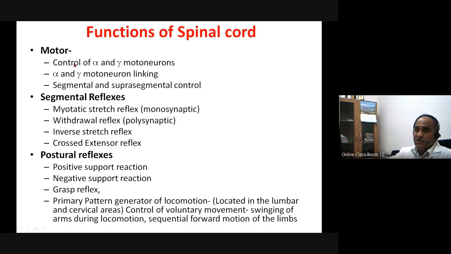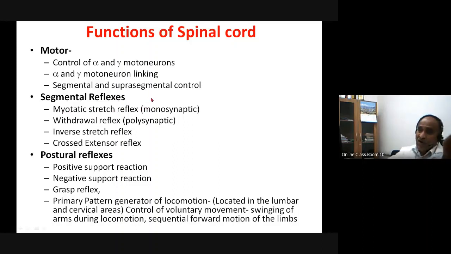So they control alpha and gamma motor neurons; control means they send information. Second, linking gamma and alpha, they modulate or regulate segmental and suprasegmental activity of the motor neurons. Then they become a spinal center for segmental reflexes, especially the myotatic stretch reflex.